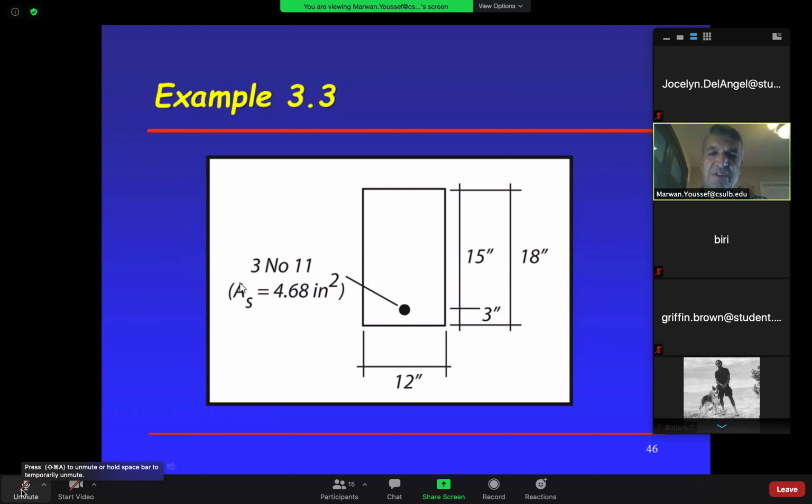Okay, what is the ratio of the area of steel with respect to the cross-section of the concrete? The only thing is we really should be doing 12 by 18, but for beam we only do 12 by 15, so B times D. We ignore this small piece of concrete below or from center line to the bottom. When we do slabs, we're gonna take the entire thickness of the slab because the slab is not that thick. It's like 6 inches, 8 inches and all that.